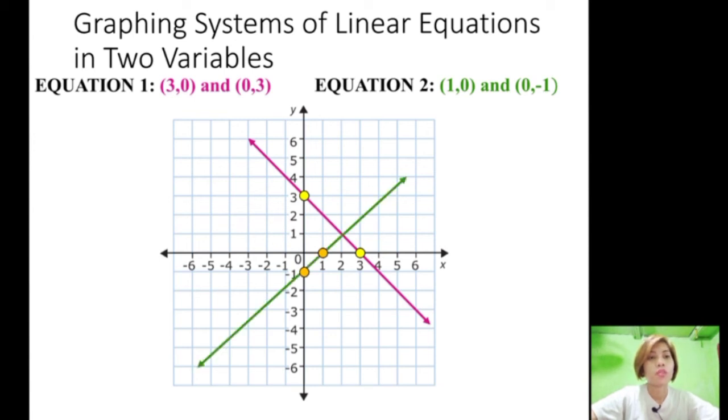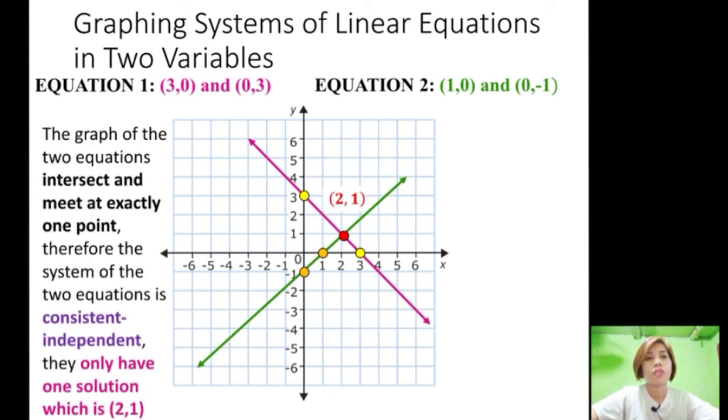Kung mapapansin po ninyo, nag-meet po sila at exactly 1 point. Ano pong point yon? Yan po, sa 2, 1. So, the graph of the two equations here intersect and meet at exactly 1 point, which is here is 2, 1.